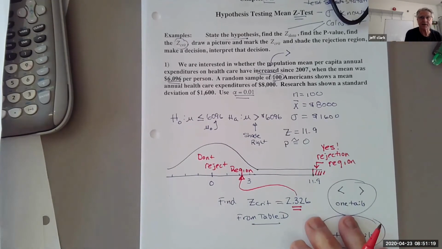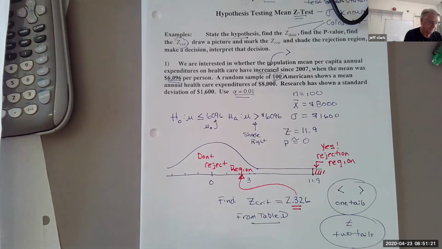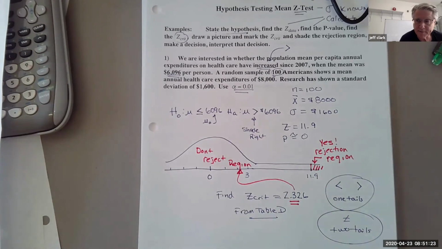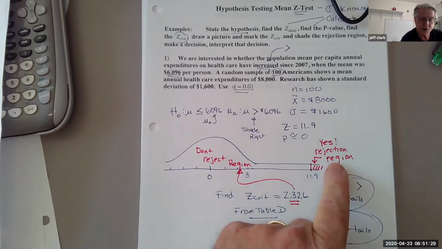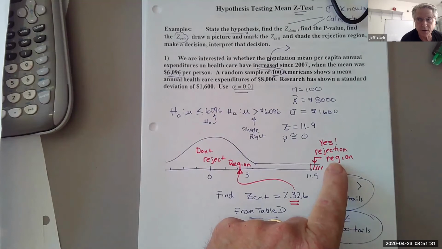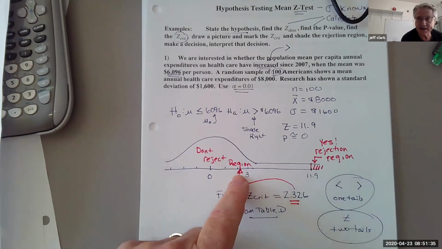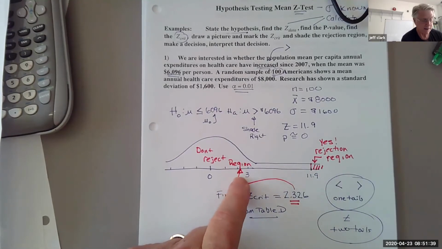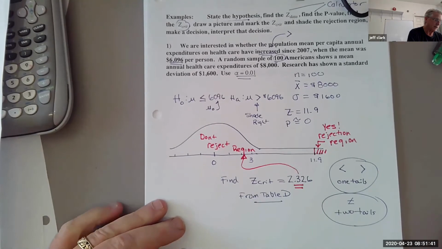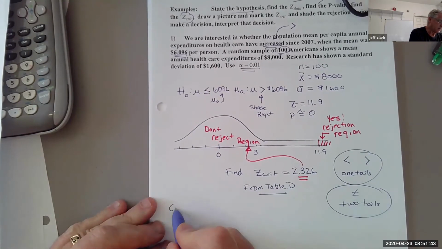And now you're going to say, well, what am I rejecting? It's all based on the null. So whatever your decision is, if we say reject the null or don't reject the null, because this number sits in the reject region, that's your statement right now. So, conclusion.